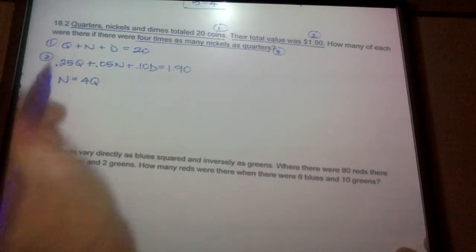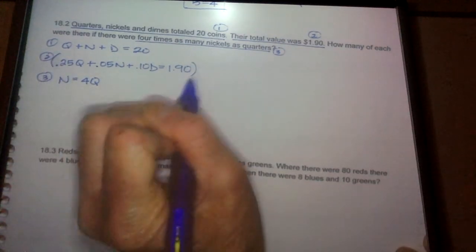From here, again, I'm going to use substitution. I'm also going to get rid of my decimals because I don't like decimals. The first thing I did was get rid of the decimals.